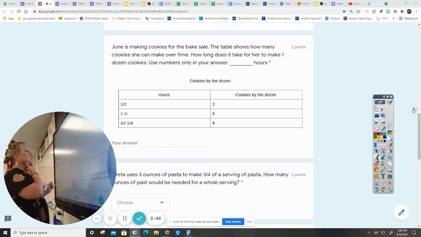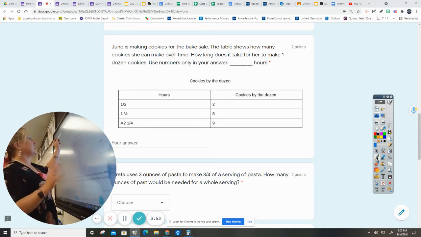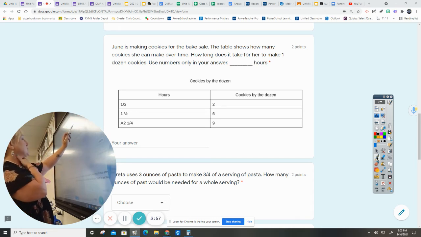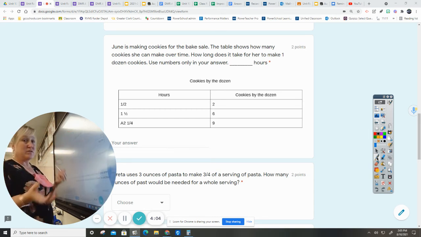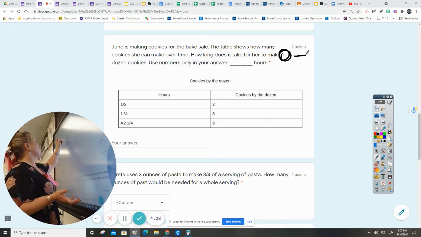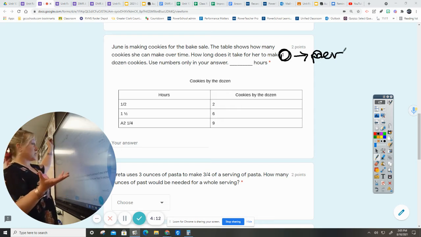Okay, this one looks a little bit more complicated, but it's still not. So in this case, June is making cookies for the bake sale. Table shows how many cookies she can make over time. How long does it take her to make 1 dozen cookies? Well, I don't see that word per anywhere, but I have 1. So 1 means per. So per dozen.